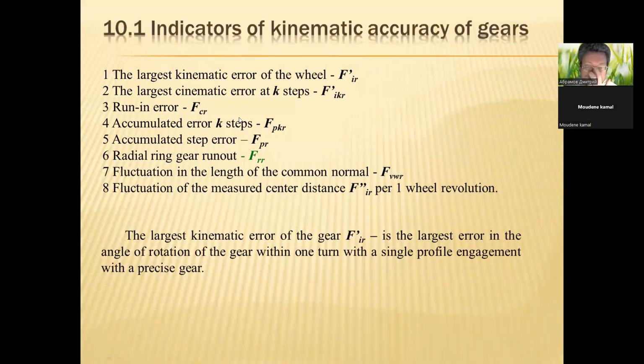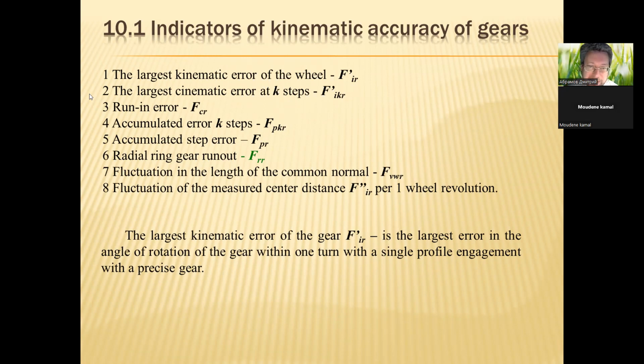So, indicators of kinematic accuracy of gears. First, the largest kinematic error of the wheel. Second, the largest kinematic error at K steps. Running error. Accumulated error K steps.